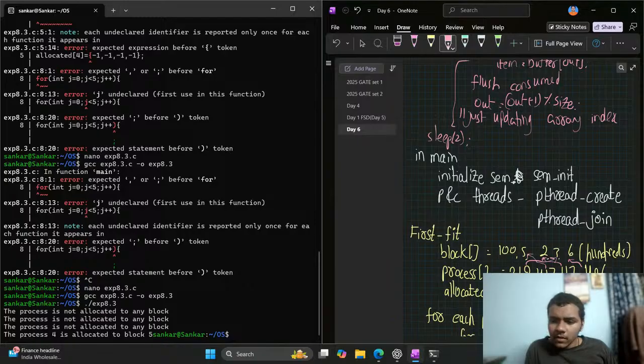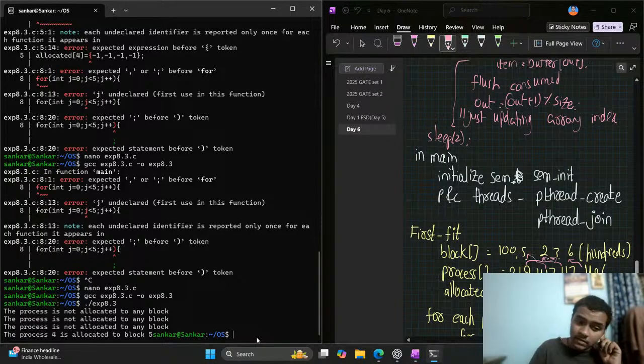Wait, it's not like that. 212 should be allocated to 600. 417 should be allocated to 500. No, we did something wrong here. Absolutely.